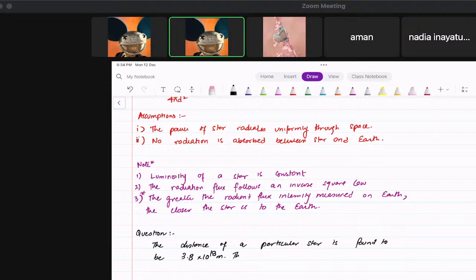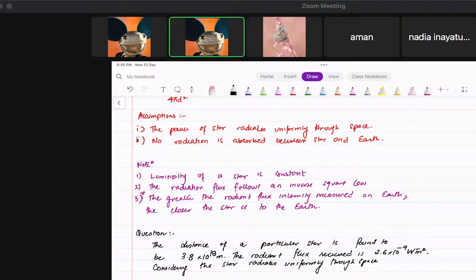The radiant flux received is 2.6 times 10 raised to power minus 9 watt per meter square. Considering the star radiates uniformly through space, calculate its luminosity. Can you guys do it?